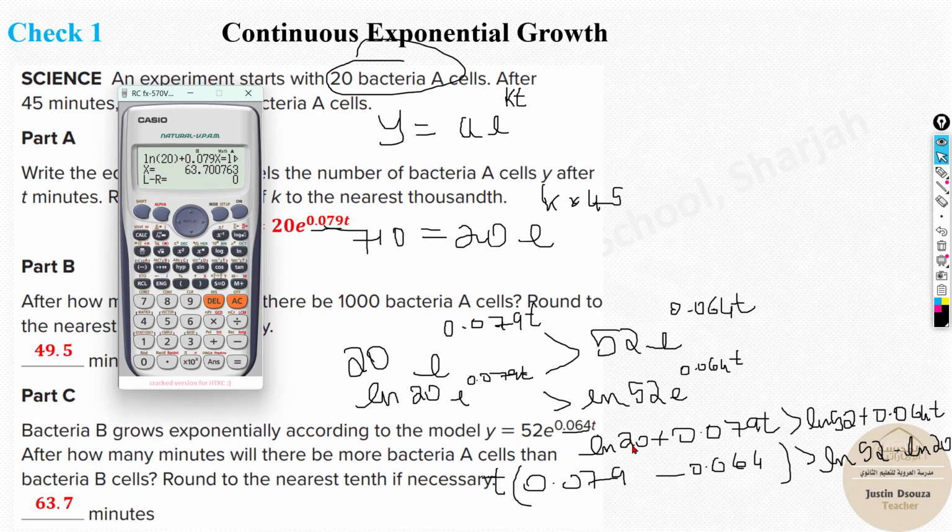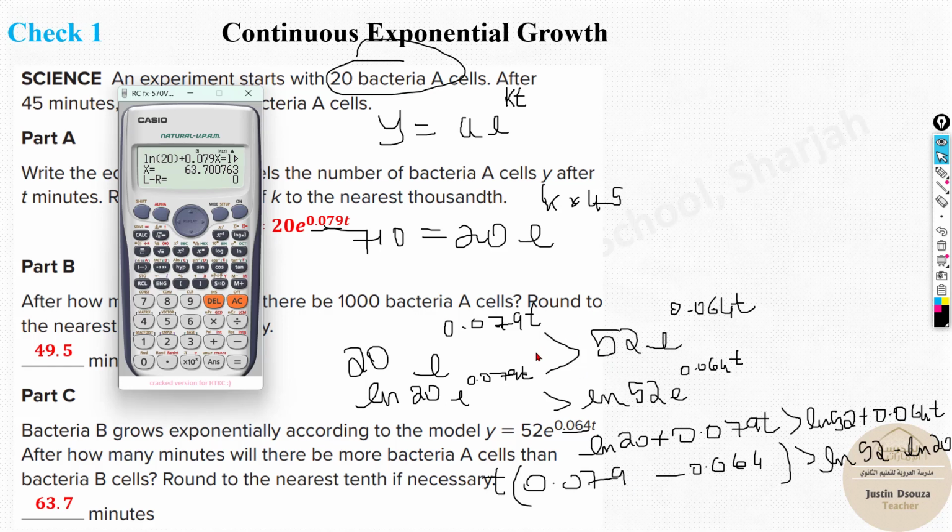Now you're getting the answer. Whenever you remove the exponential, the computation becomes low and it can give you the answer. But here, since the power is t, it'll be a huge computation and the calculator won't be able to solve it.